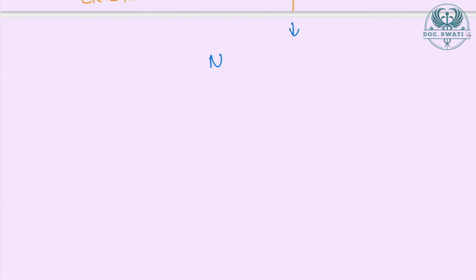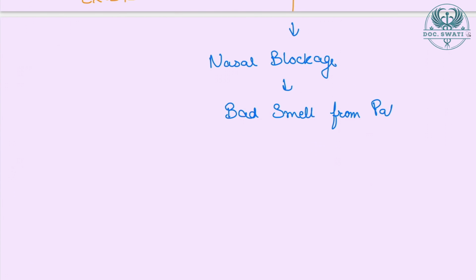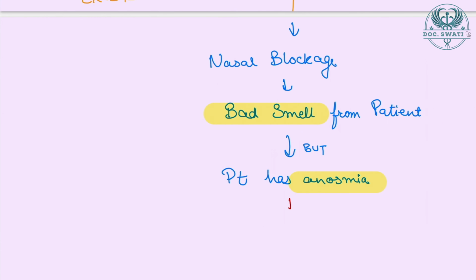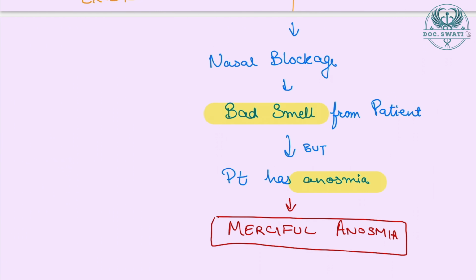These crusts later lead to nasal blockage, due to which a bad smell from the patient is felt, but the patient is anosmic, and this condition is called merciful anosmia, which means the patient cannot smell the bad smell because he is suffering from anosmia.